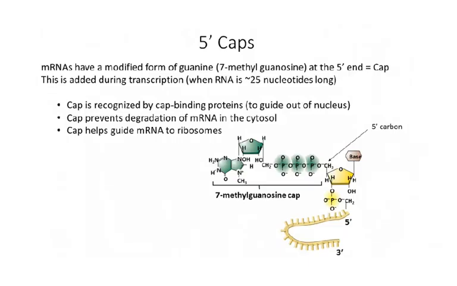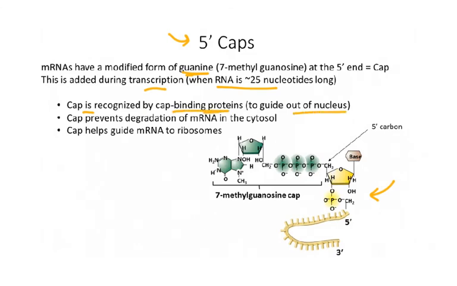So the cap is called a 5' cap. This is where at the 5' end of the RNA sequence, a modified guanine is added. This modified guanine is added during transcription. It's added about when the RNA is 25 nucleotides long. And the cap is important because it can be recognized by cap binding proteins, which help to pull it out of the nucleus.